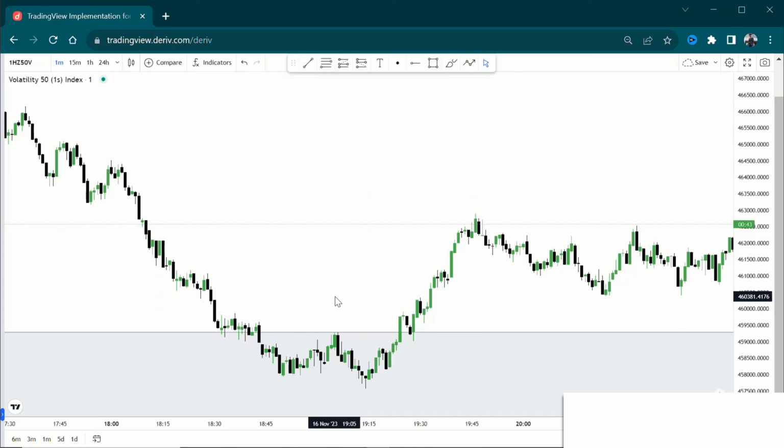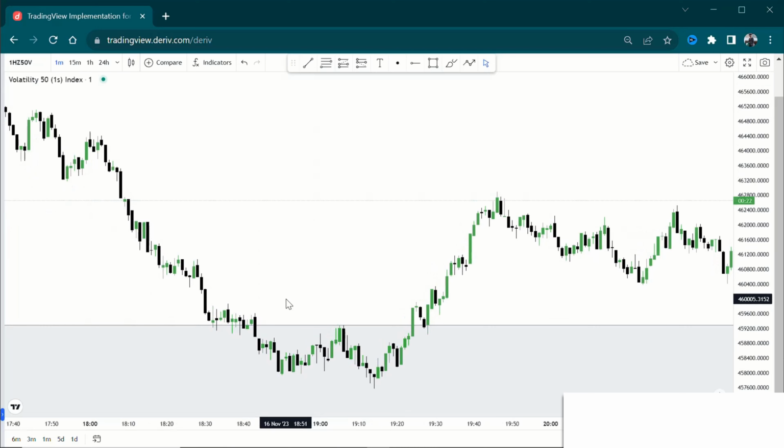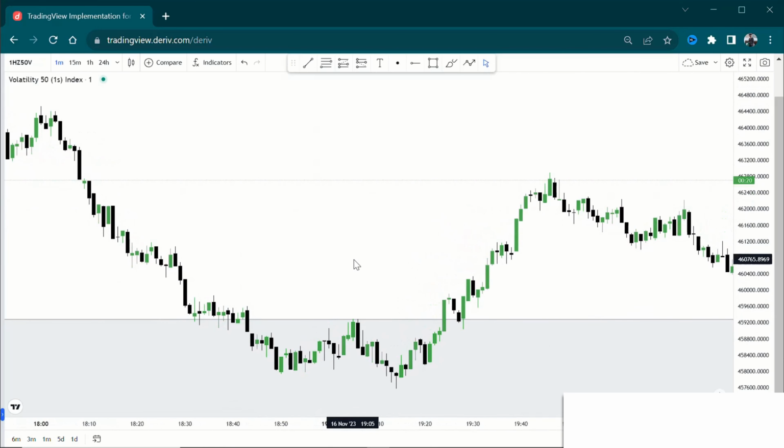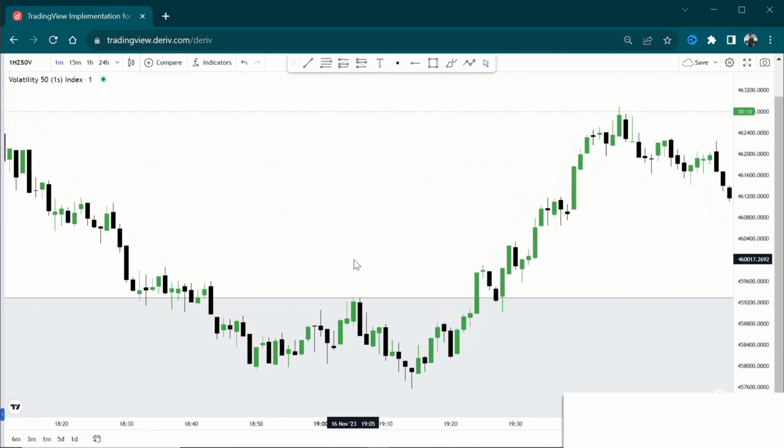The moment it reaches the POI, I receive an alert on my phone, and then I start looking for an entry setup. You don't necessarily have to be watching the market as it approaches your POI. That's stressful. You just need to be there when the market is in your POI. It's going to really help you avoid unnecessary stress.